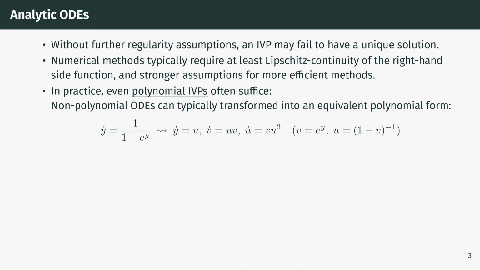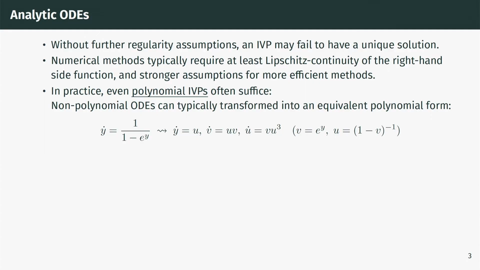If you compute the derivatives using what you learned in elementary school, then you get an equivalent ODE, in the sense that you have 3 variables now, but the first one will give you the solution of the original problem.